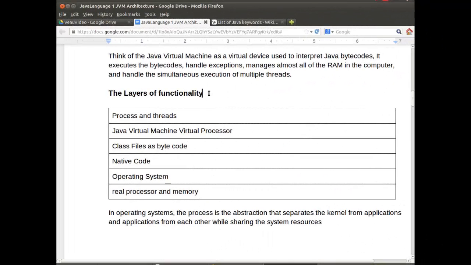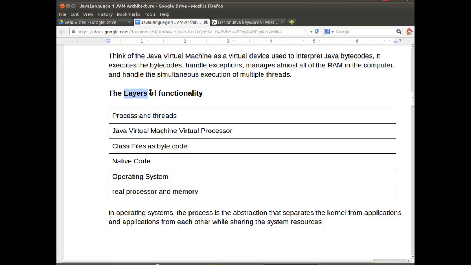Let's look at our understanding of a Java virtual machine with reference to this layers approach, where we look at the different parts as layers, and remember, each layer is hidden away from the layer below, so the process and threads layer doesn't know that much about what's happening at the layer below, the JVM layer.